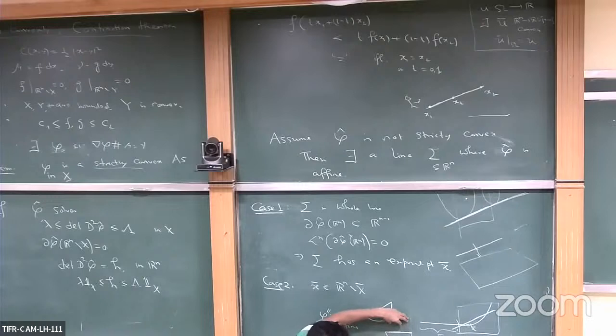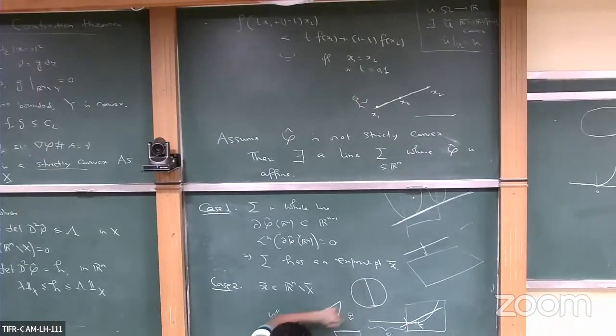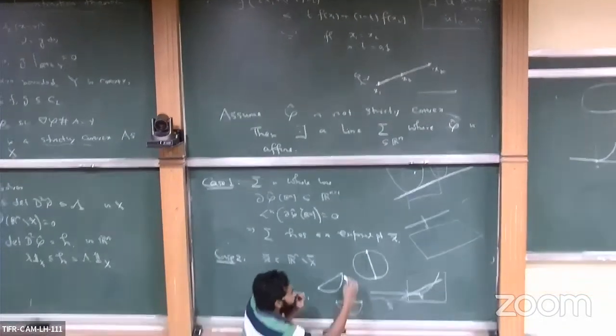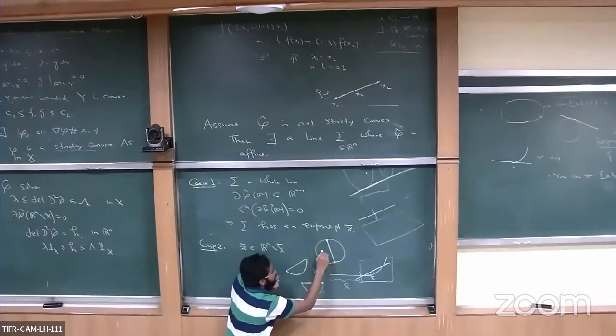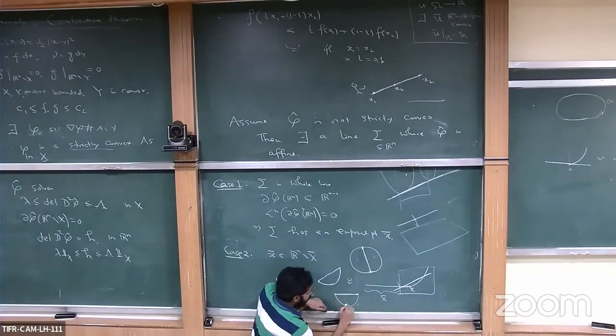Let us look from the top. You are looking from the top in a picture something like this. So this is your domain, and suppose this is where it is affine. The boundary values are 0, right? So on this whole line, it has to be 0. But inside this is convex, right? If you take any point, you see it is always less than or equal to 0.